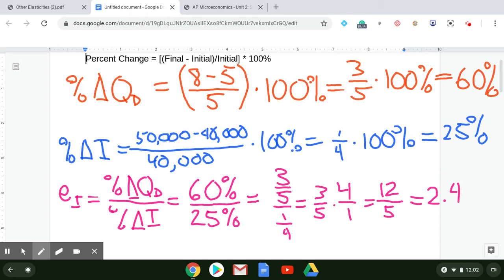That leaves over 2/5. 2/5 is 40% or 0.4. So the income elasticity of these Titans tickets is 2.4. Let me just put a box around that to remind us.